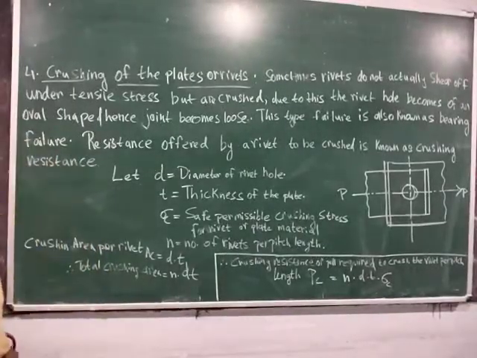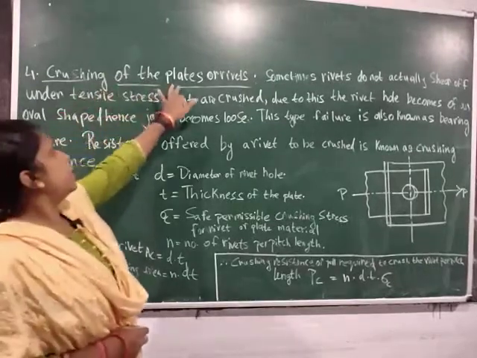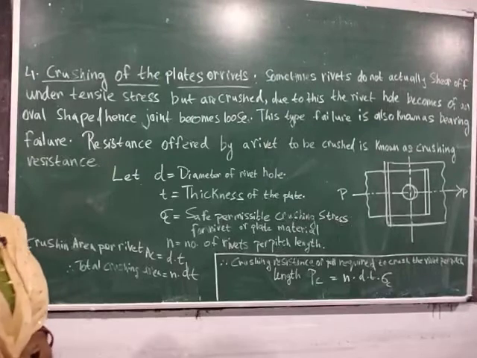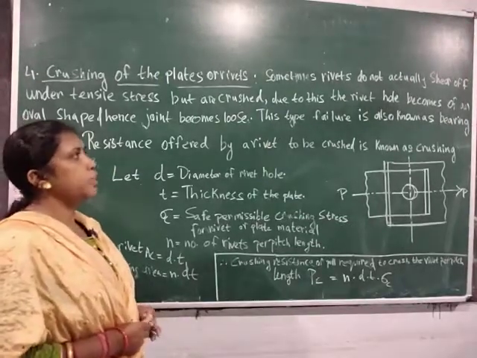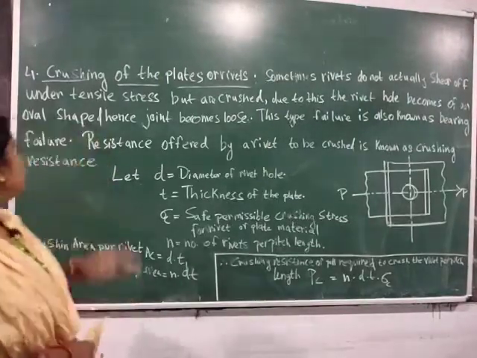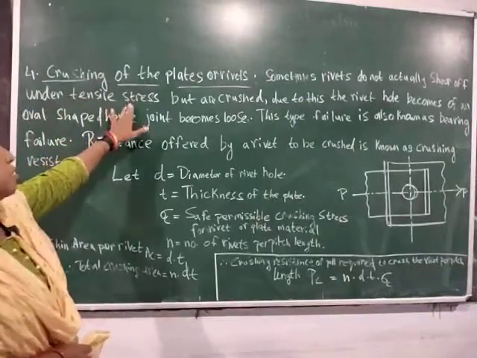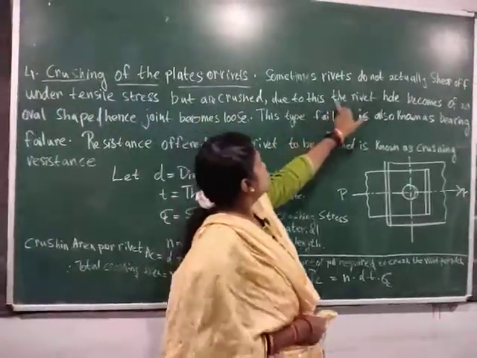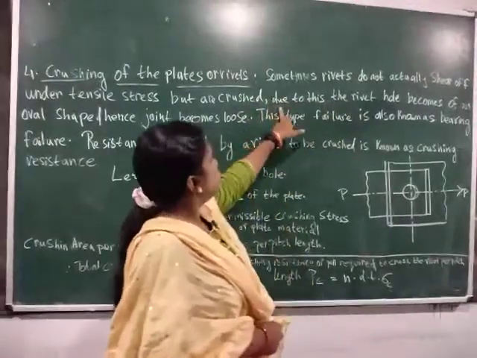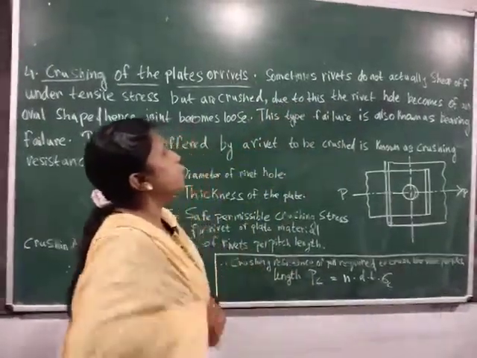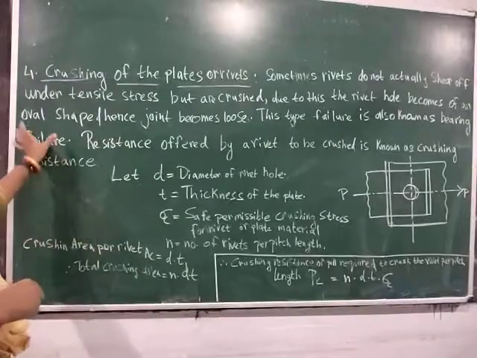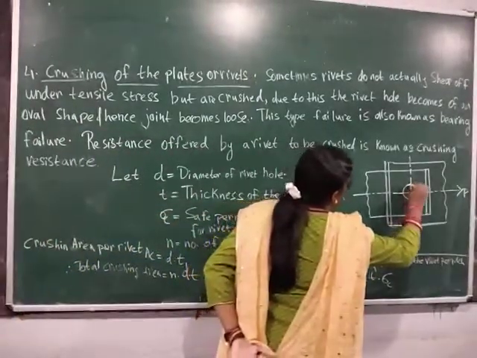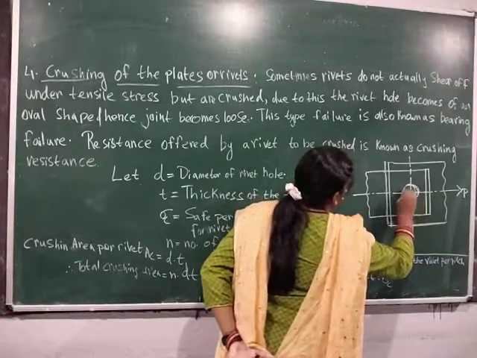Next, the last part is crushing of plates or rivets. Sometimes it happens that rivets do not shear off due to the stress, but are crushed. Due to this, the rivet hole becomes an oval shape.